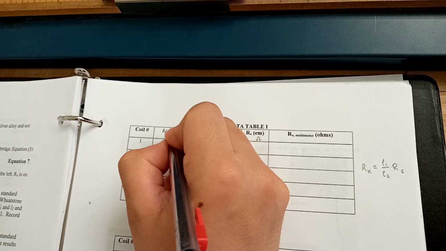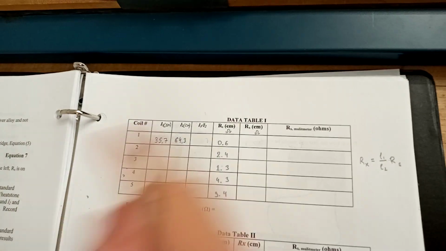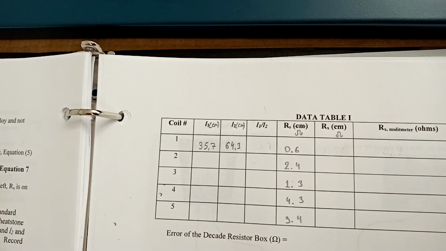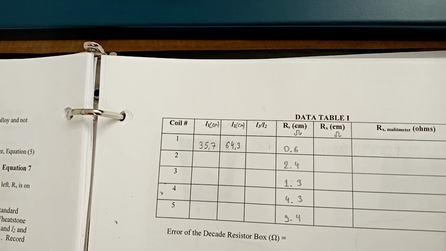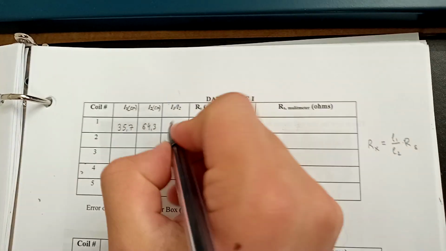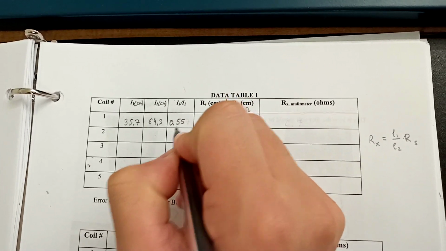You should also define the units here. And now we are going to find the ratio L1 over L2. So 35.7 over 64.3, and the ratio is 0.55.